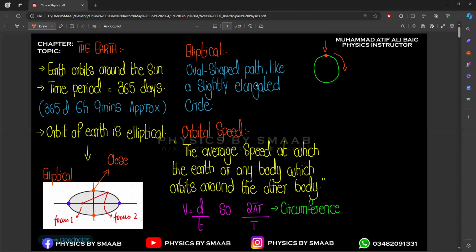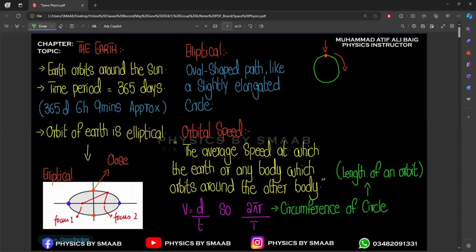So that is called the circumference of the circle, or for space physics we can take it as the length of an orbit.